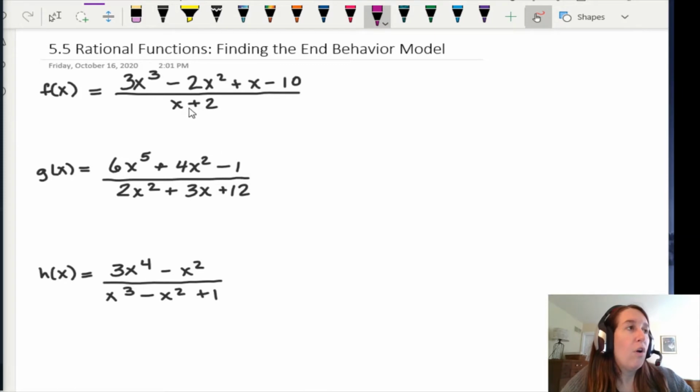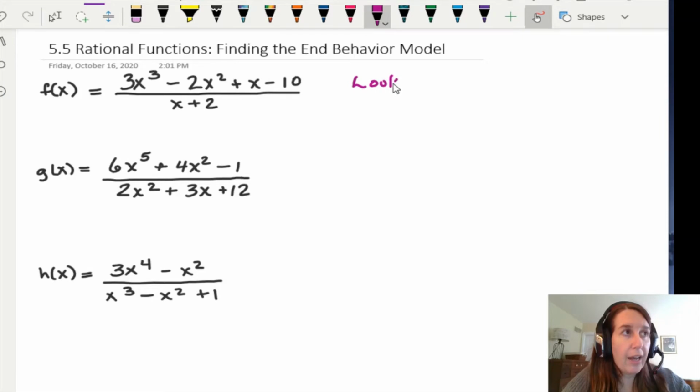So if you take a look at the first one, the f of x, you have 3x to the third with all these other things divided by x plus 2. So we're really looking at the leading terms. Only look at the leading terms. And of course, the leading term means the term with the largest degree.